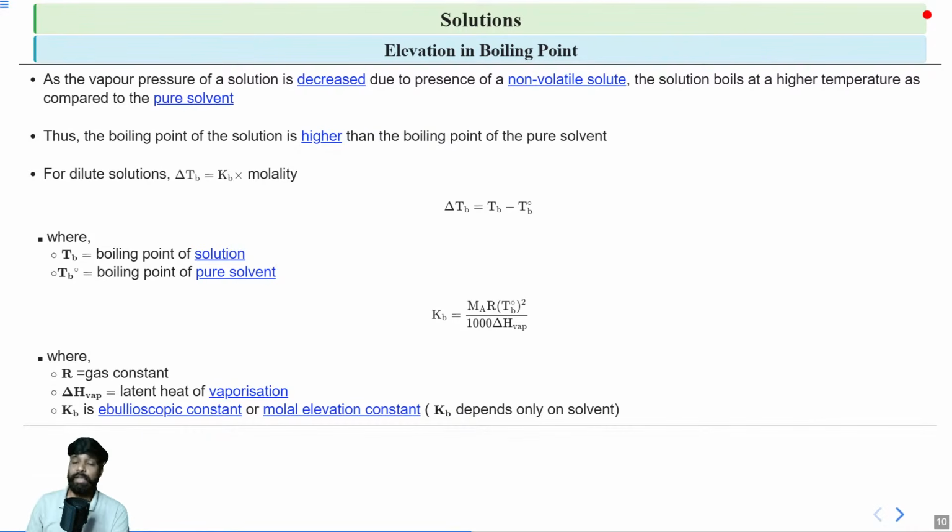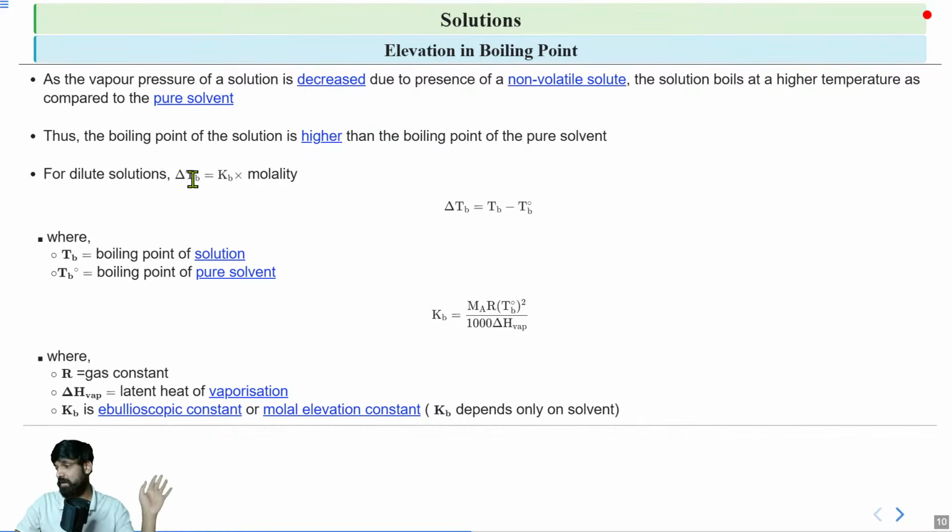Now, if I say that the formula for depression in freezing point, which is our next colligative property, is similar to this formula, only rather than writing it as B, we will write it as F. Very simple to learn. What you have to do for depression in freezing point, you have to simply replace this B by F. That means your delta TF is equals to KFM.